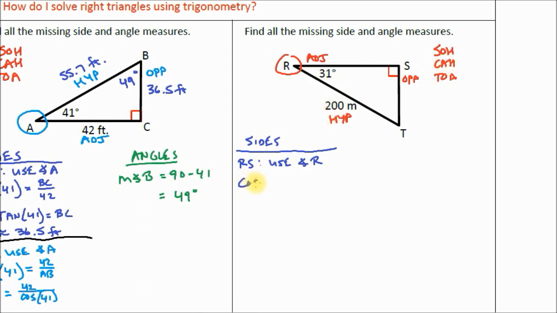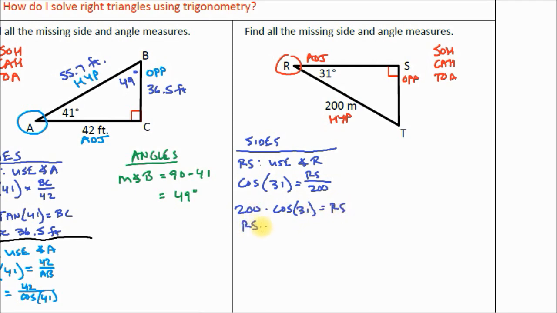So we're going to be using cosine of 31 is equal to our adjacent, the unknown, RS, over our hypotenuse, 200. Since our variable is on top and our known value is in the denominator, we multiply both sides by 200, and it's 200 times cosine of 31 equals the length of RS.